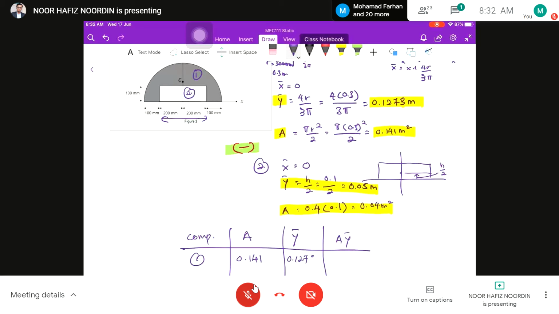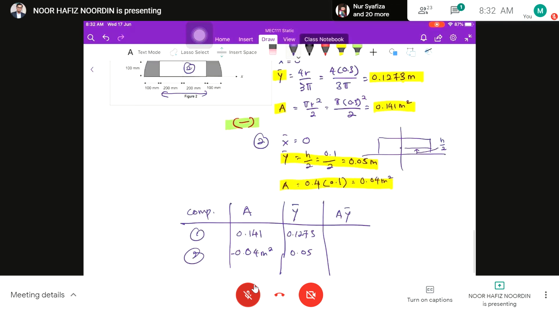And the second component, you have area 0.04 meter squared, and for this area we need to put negative because we want to exclude this component. Kita lubang kat situ tu, right? And then y bar is 0.05.